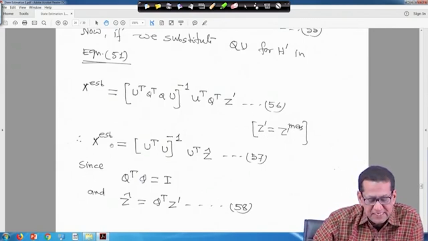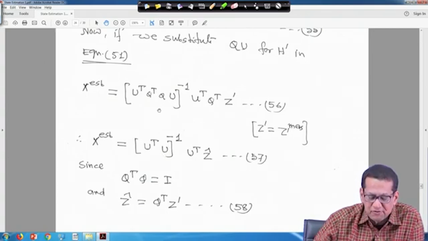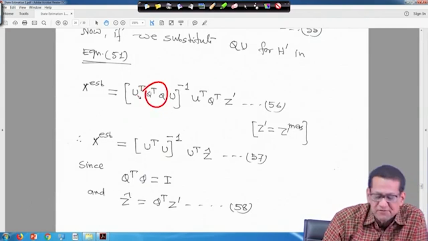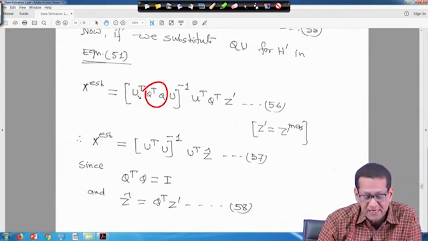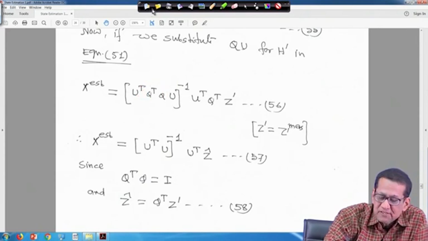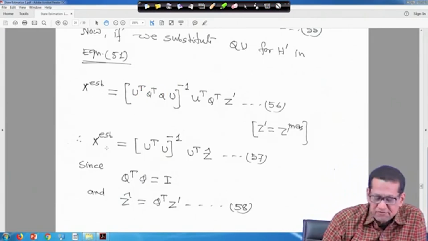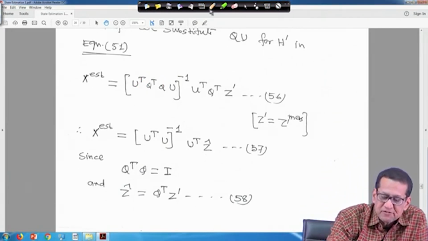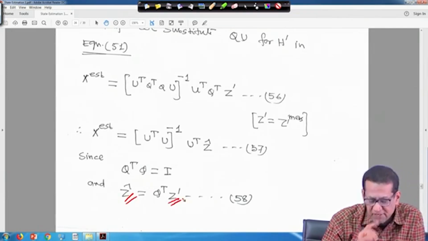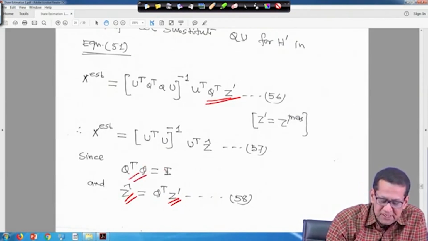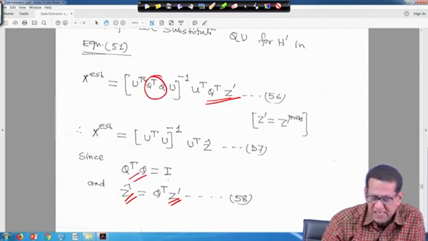Therefore, x estimated will be U transpose U inverse, because Q transpose Q is equal to identity matrix I. Therefore, x estimated will be U transpose U inverse into U transpose Z cap, where Z cap is equal to Q transpose Z dash, and Q transpose Q is equal to I, right.